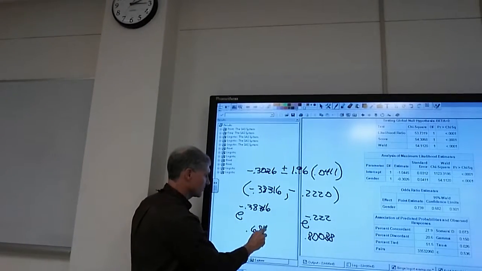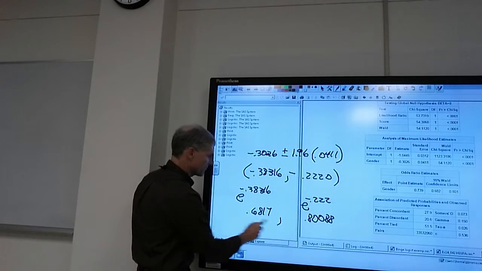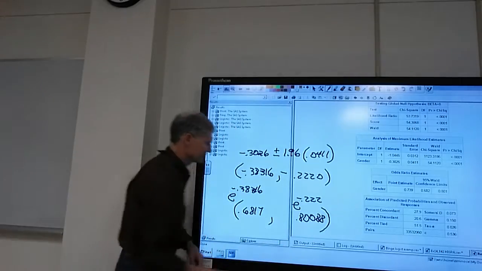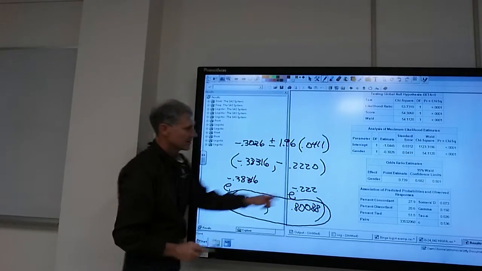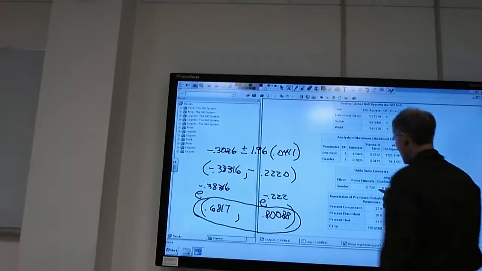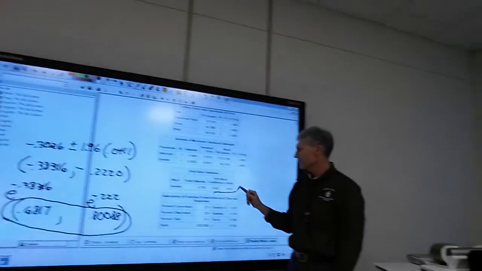0.6817. If I make an interval out of that, there's their confidence limits, right?